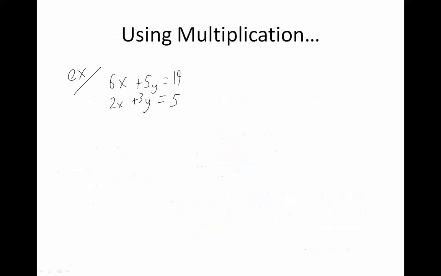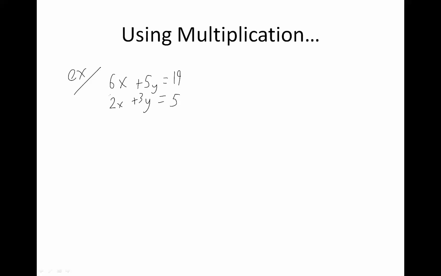So let's do a full example together here. So notice adding these together, 6 plus 2 makes 8, 5 plus 3 makes 8. Nothing gets eliminated. I need to look for something that can be multiplied to make the numbers the same. So let's start with my x's. Is there a whole number that I can multiply 2 by to get 6?